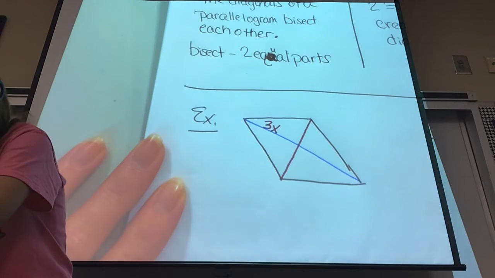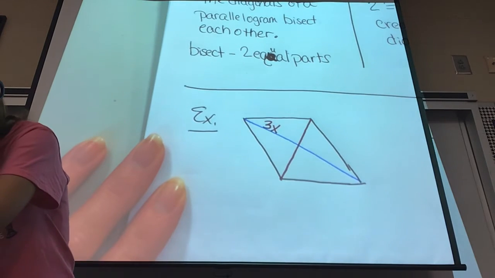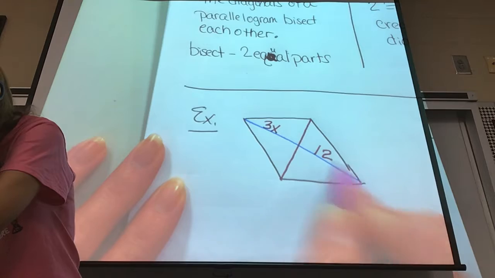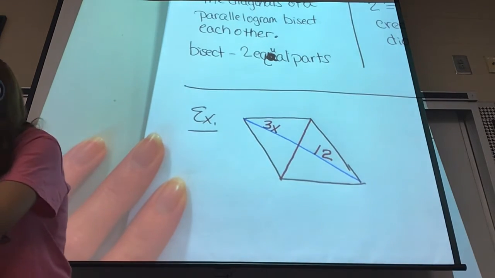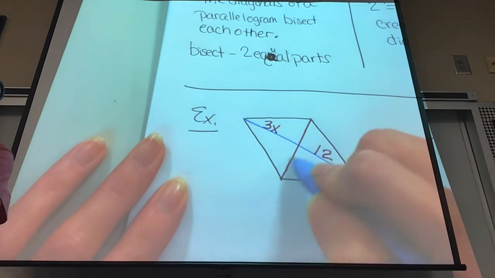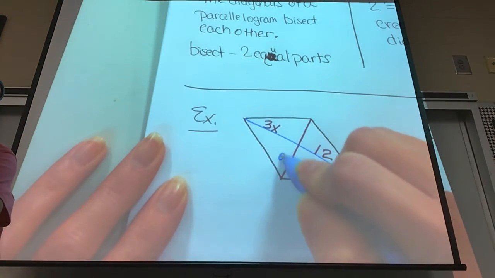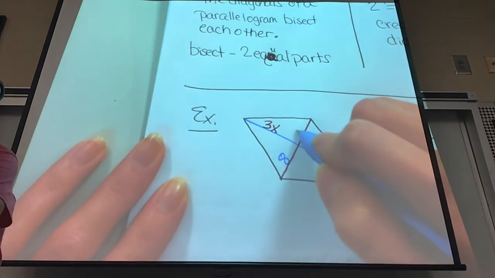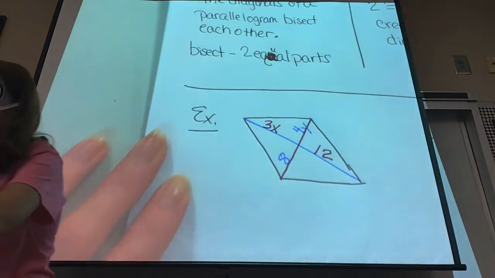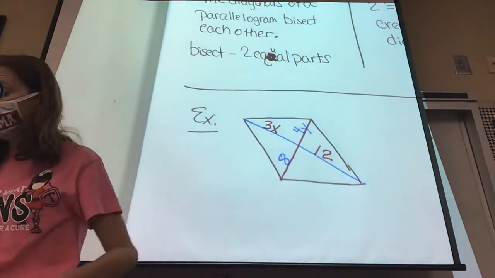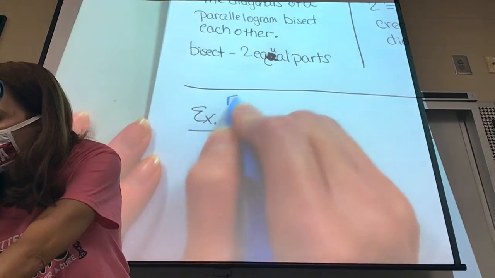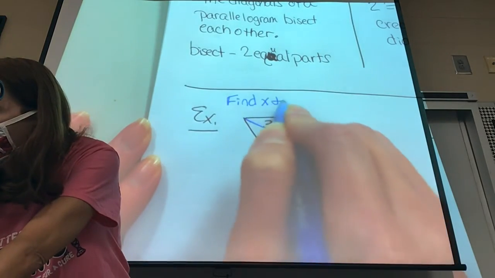The bottom blue piece is 12. This piece over here is 8, and the other piece is 4y. That's what I know right now. And of course, our job is to find the values of x and y.